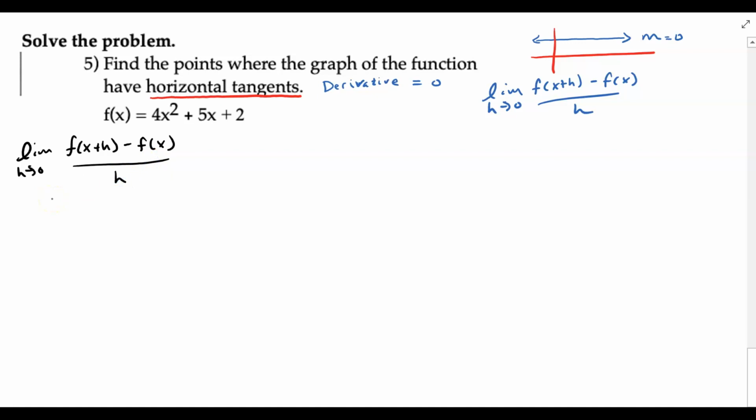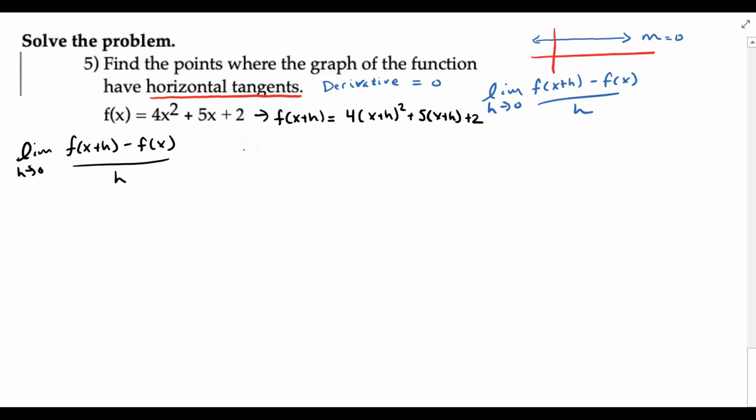So what does this look like? I've already got f of x. What does f of x plus h look like? It looks like 4 times x plus h squared plus 5 times x plus h plus 2. That's f of x plus h.